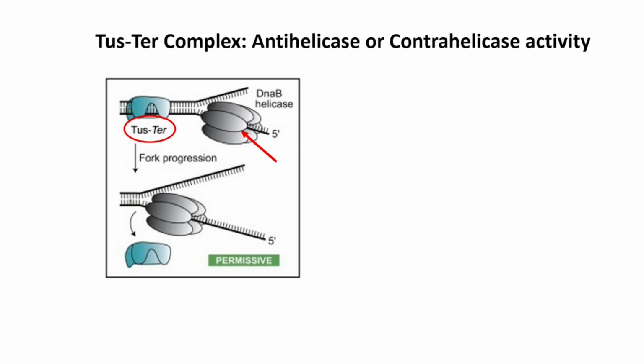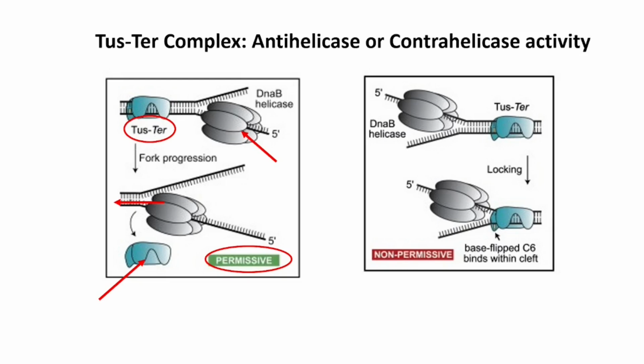When the helicase approaches the TUS-TER complex from the permissive side, TUS is displaced and replication continues unhindered. However, if it approaches from the non-permissive side, TUS physically blocks the helicase, halting replication. This polar arrest is mediated by a molecular mousetrap mechanism. The unwinding DNA base at the junction inserts into a binding pocket in TUS, locking the complex and preventing helicase's progression.